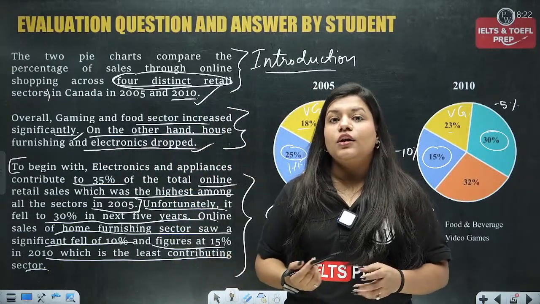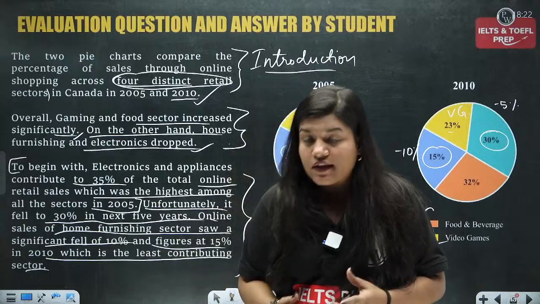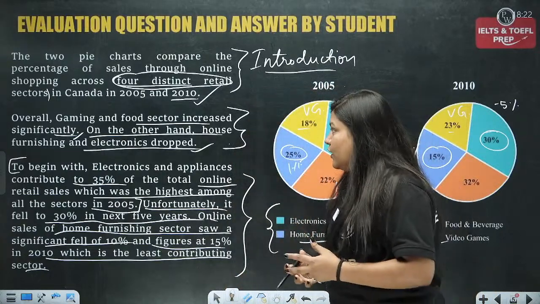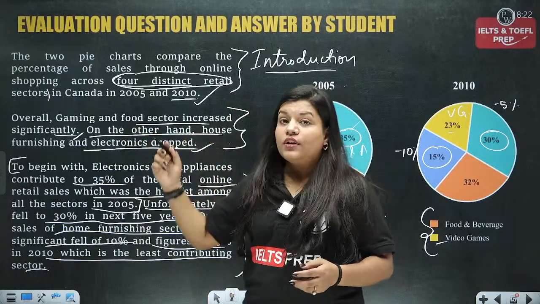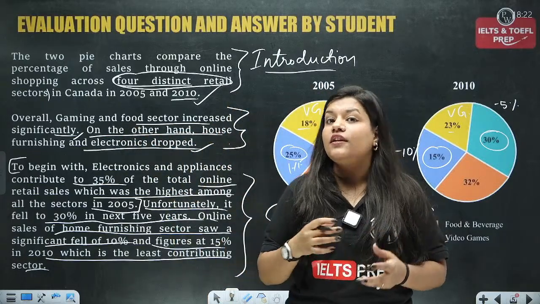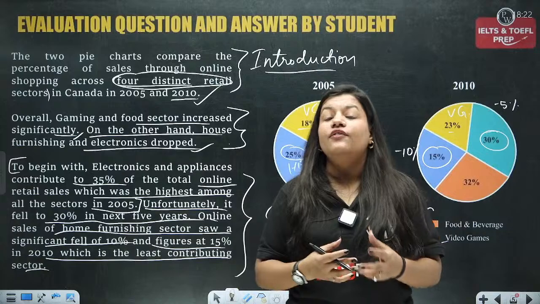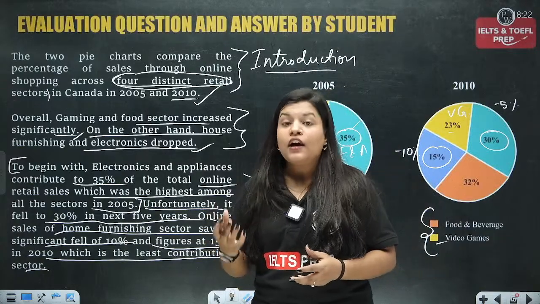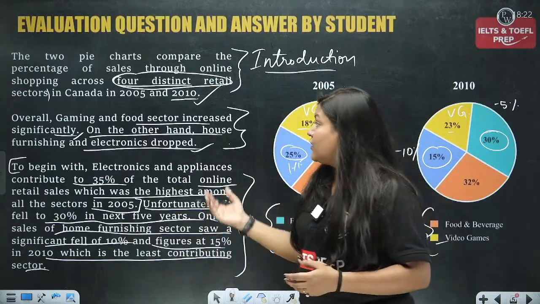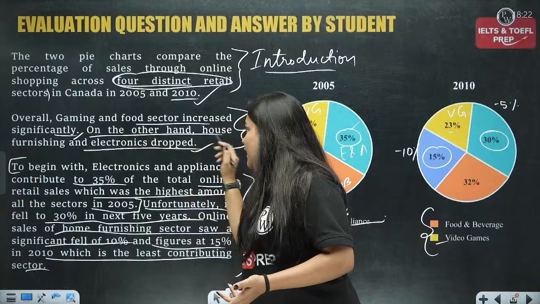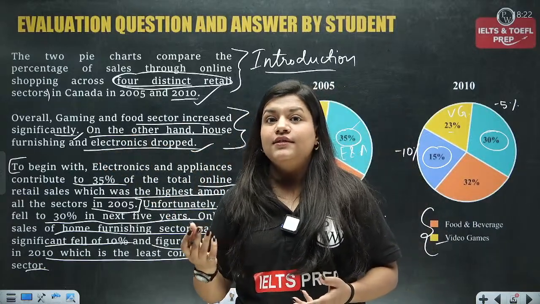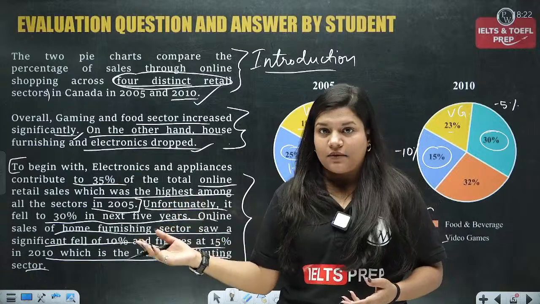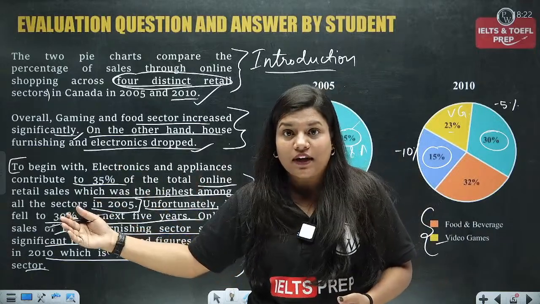You can also paraphrase it and write: overall, it can be seen that gaming and food sectors showed a significant increase or a significant hike in the data, while on the other hand, house furnishing and electronics were the least sold categories during that particular year.